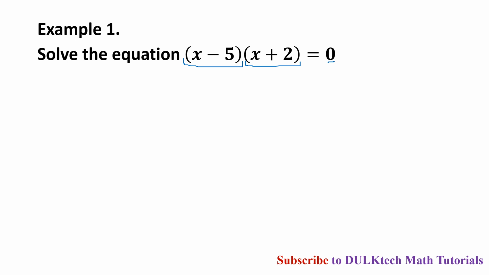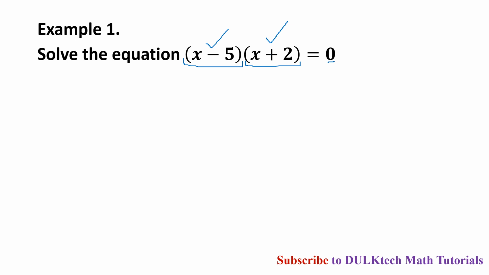So there's a possibility that the first factor is 0, or the second factor is 0, or both are zeros. But that won't help us. If both are zeros, then that one is useless.